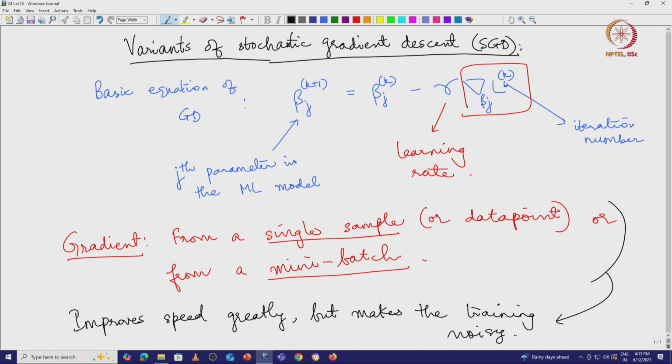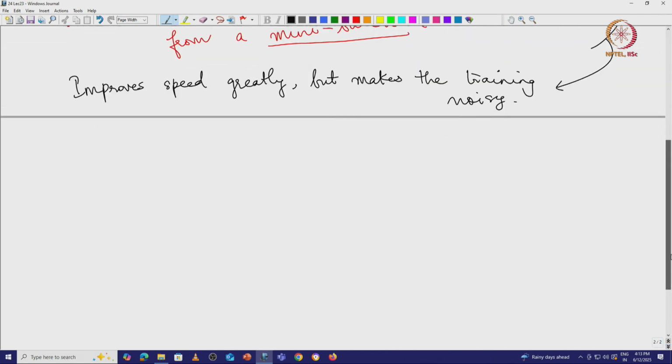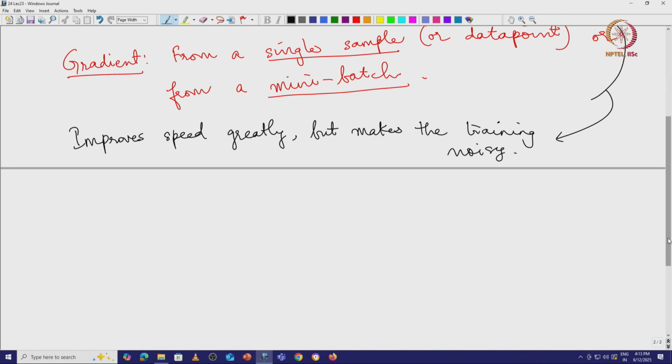So to deal with this problem, several strategies have been developed over the years, and we are going to discuss a few of them here. So what are these strategies? The first one is called stochastic gradient descent, SGD, with momentum.